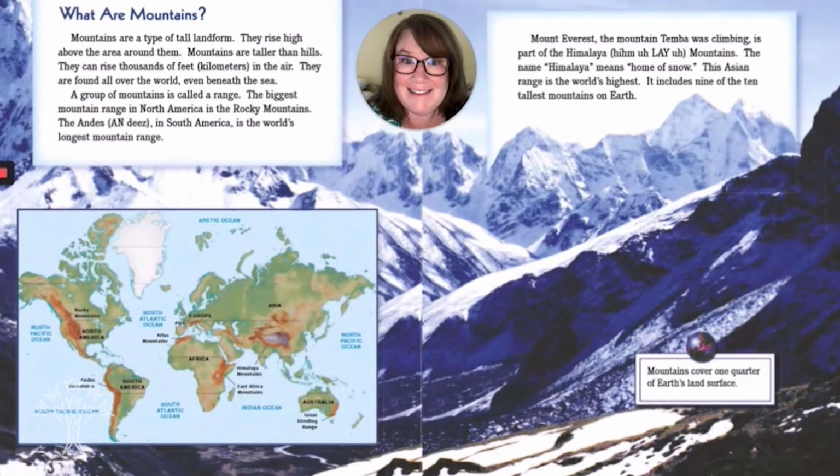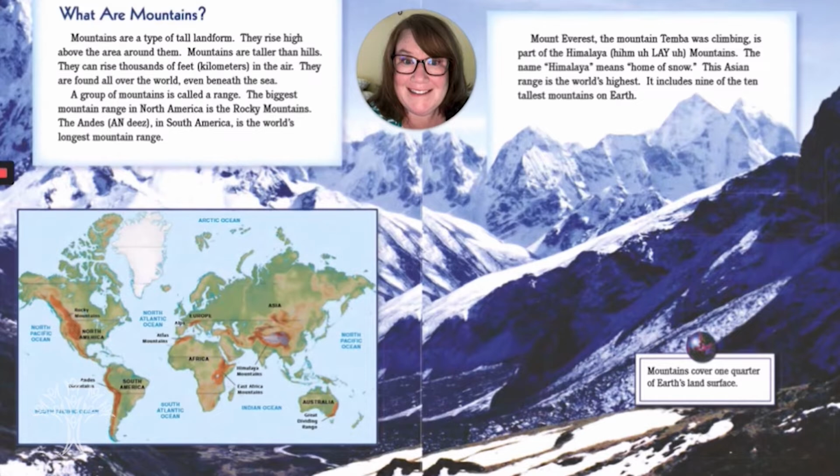Let's go on. What are mountains? Mountains are a type of tall landform. They rise high above the area around them. Mountains are taller than hills. They can rise thousands of feet in the air. They are found all over the world, even beneath the sea. A group of mountains is called a range. The biggest mountain range in North America is the Rocky Mountains.